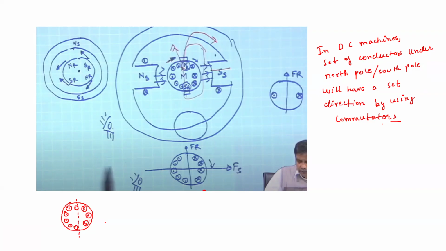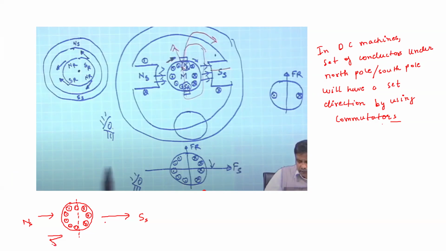So by using Fleming's left hand rule, this is the north and south pole of the stator. Here, if you put your fingers in the proper way, you put your left hand index finger in the direction of the field, and the middle finger of the left hand in the direction of current. So current is coming out of the plane.